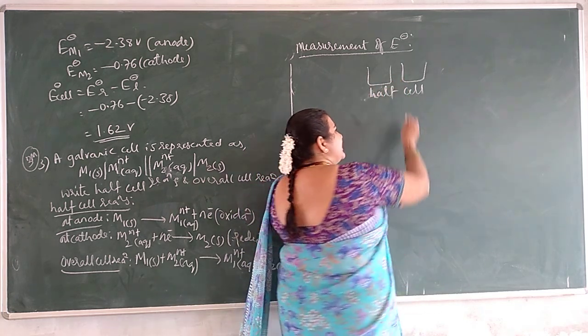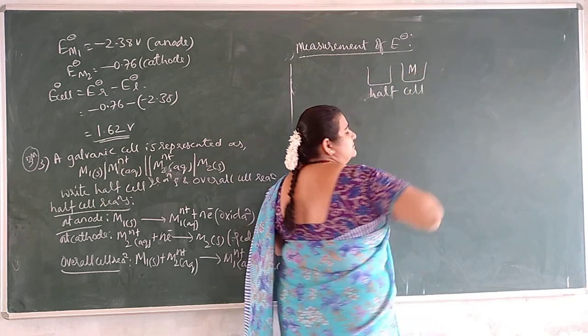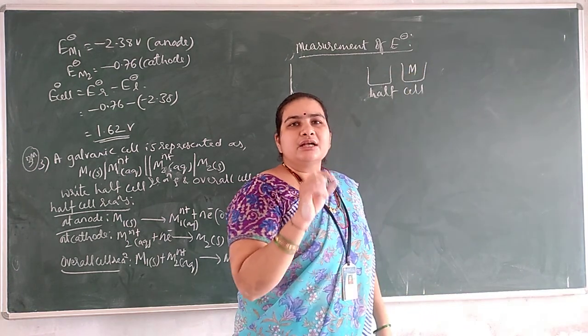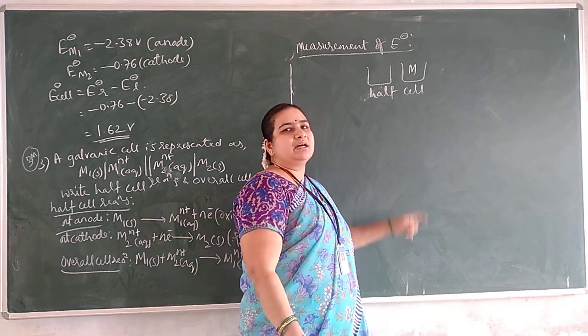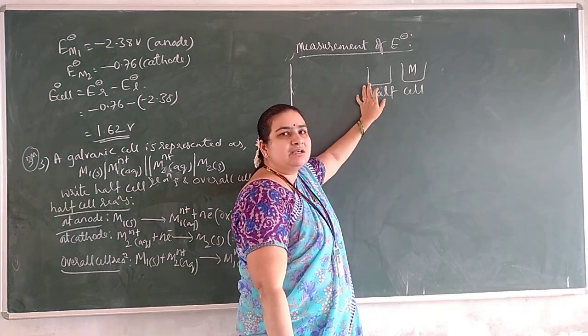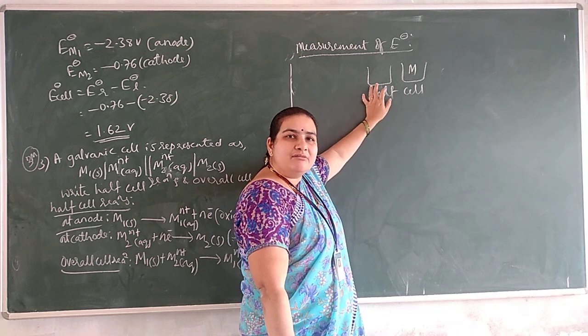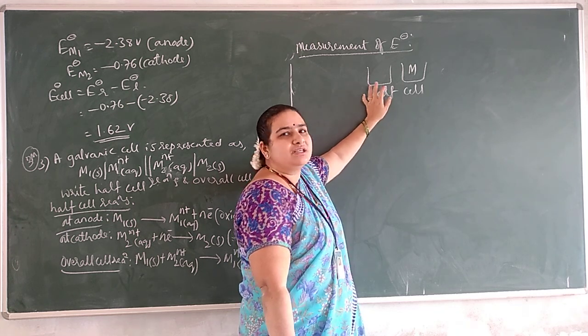So if I give you an electrode with unknown electrode potential and ask you to calculate it, then we need another half cell having a fixed electrode potential.